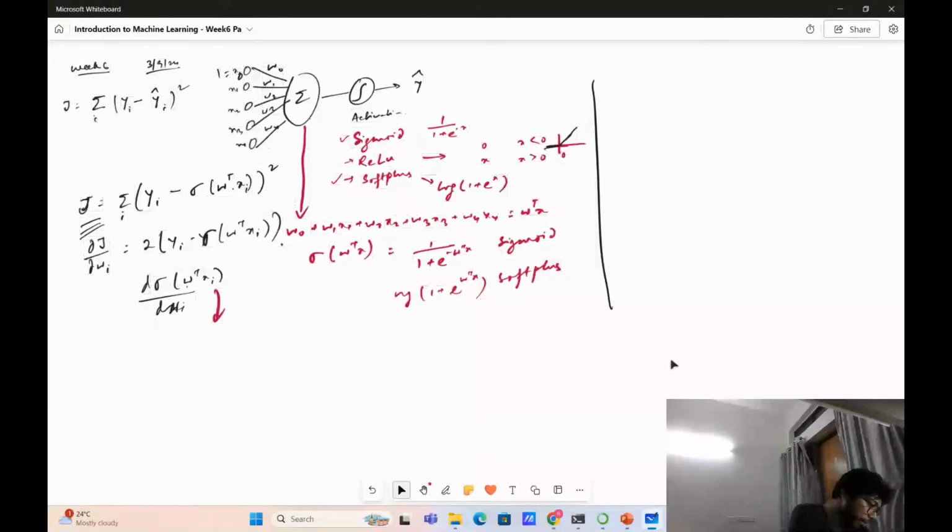So again, let me write the sigmoid function: 1 divided by 1 plus e to the power of minus z. And the softplus function would be log of 1 plus e to the power of z, right? This is the softplus.